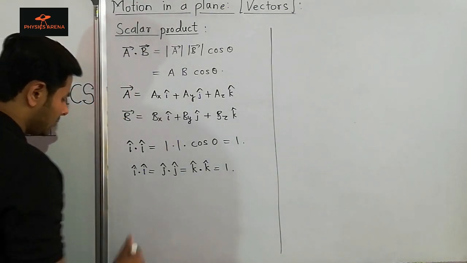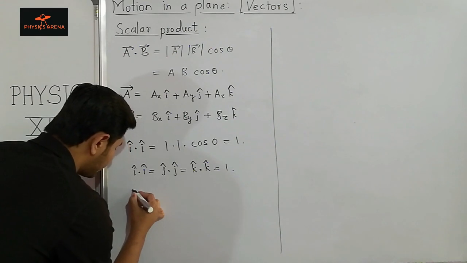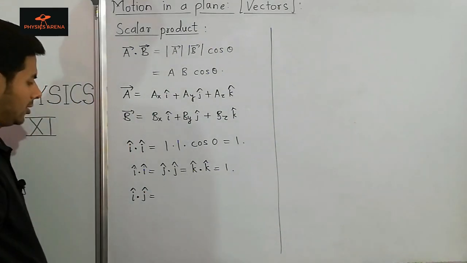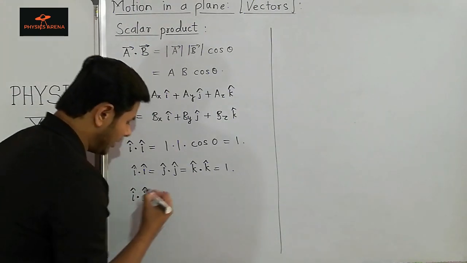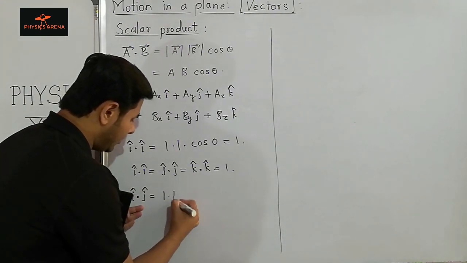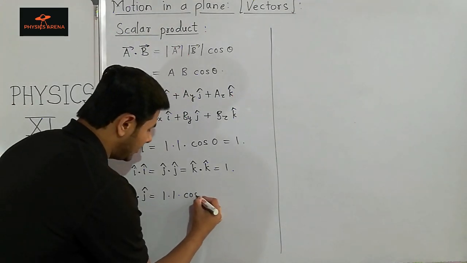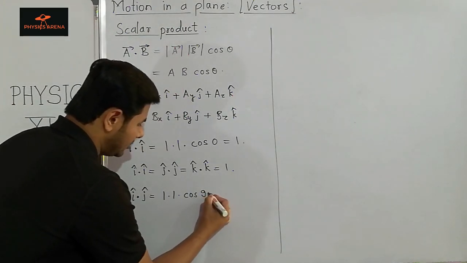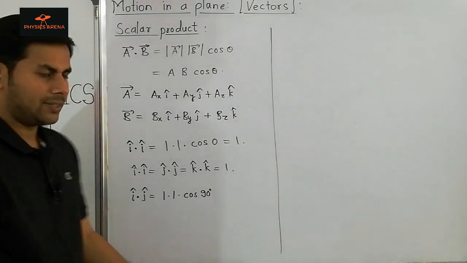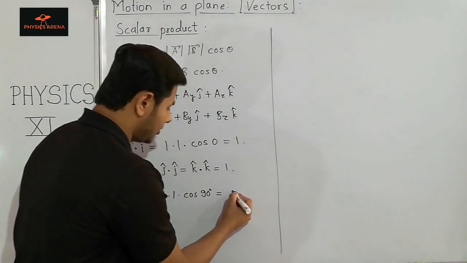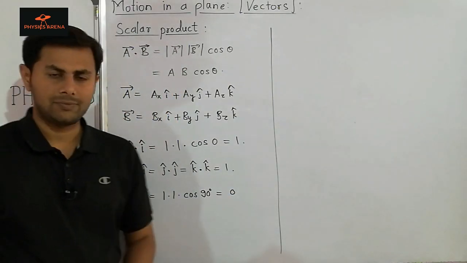Then what about i cap dot j cap? It will be equal to the magnitude of the first vector multiplied by the magnitude of the second vector multiplied by the cosine of the angle between the two. The angle is 90 degrees and cos of 90 is 0. So this thing is 0.